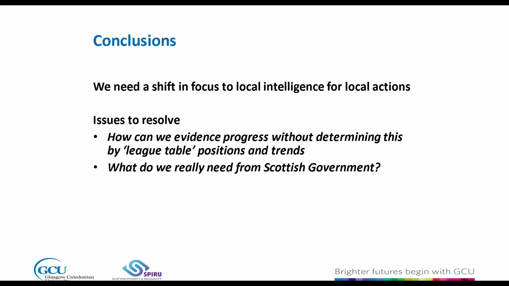How can we evidence progress without determining this by league table positions and trends? And secondly, what do we really need from the Scottish Government? Now, we have that local government, the dashboard of local areas, but we need to think about whether we really need effort to be invested by the government analysts in generating these data and keeping us up to date. And I look forward, if there are any questions at the end of the presentation, to discussing some of the issues I've raised.